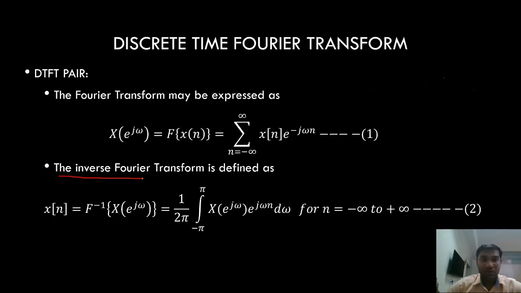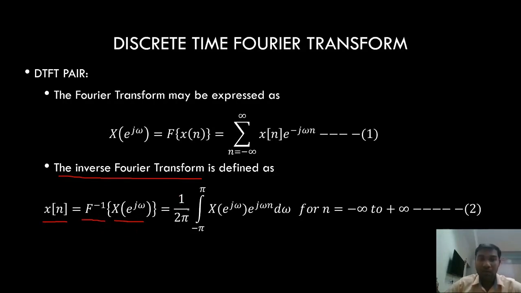Now the inverse Fourier transform: the time domain signal x of n is obtained by taking the inverse DTFT, the inverse discrete time Fourier transform, of X of e power j omega.